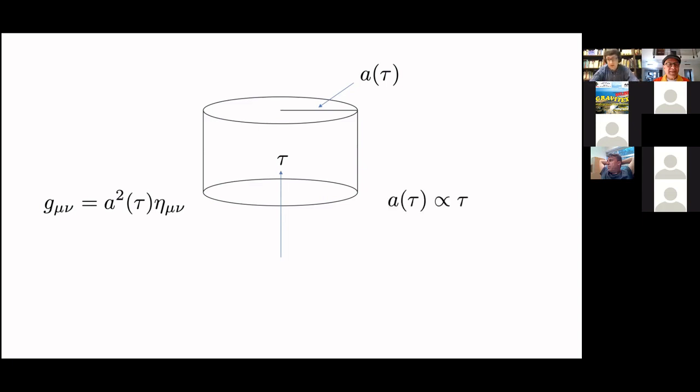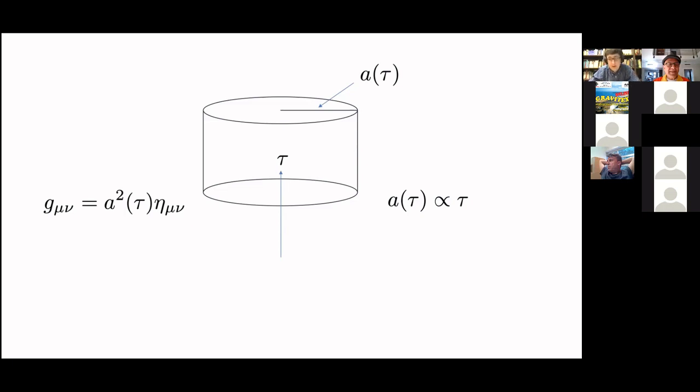Moreover, the scale factor is just proportional to the conformal time near the bang, so it passes through as simply as you could hope, with a nice analytic zero.